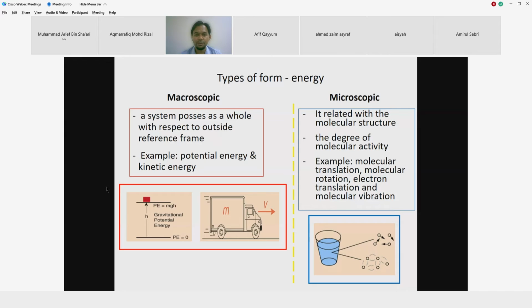We will look at several terms in thermodynamics. First one is energy.